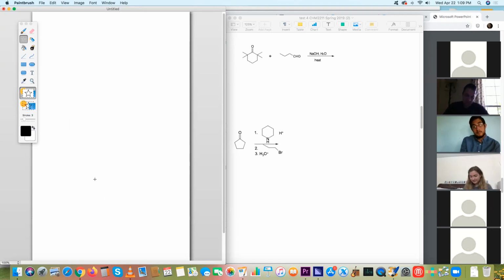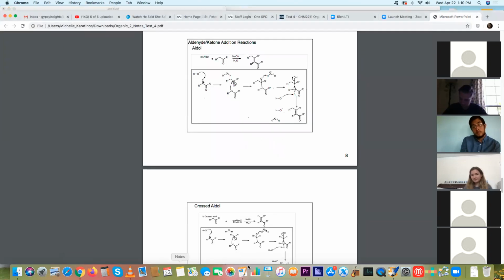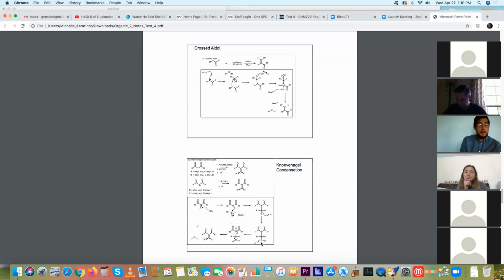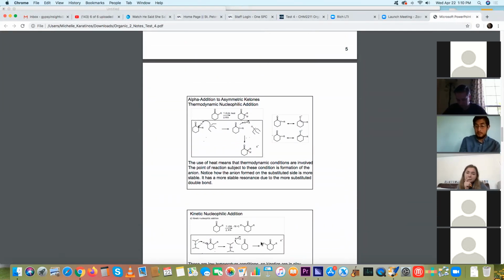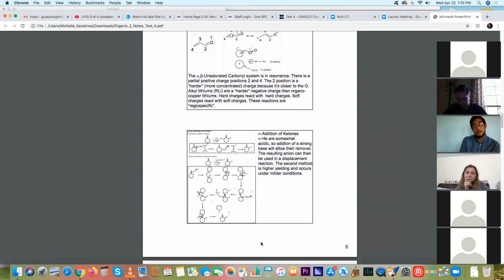The next one here is an enamine assisted nucleophilic addition. And this one, I'll never ask you to do the mechanism for it, but if you want to do the mechanism, you can get a bonus point for it. Most people usually don't because it's kind of complicated and annoying. Let's see if I can find him. There we go.